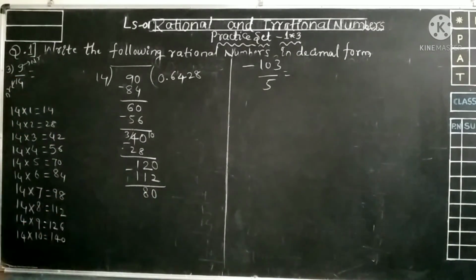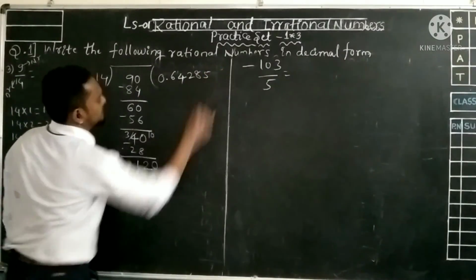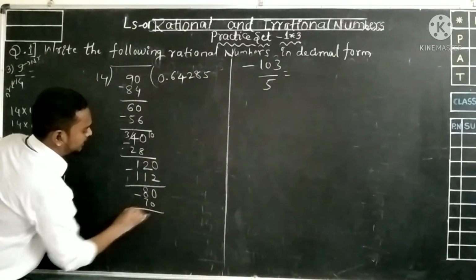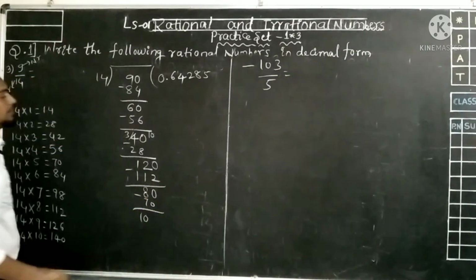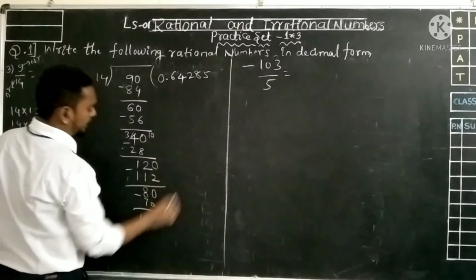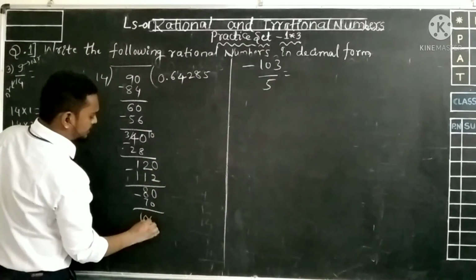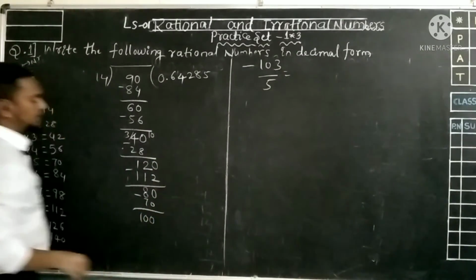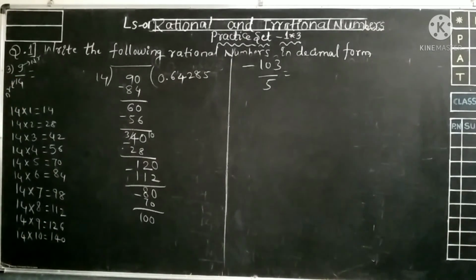It becomes 80. 80 is not in the 14th table. Now we will take 14 5s are 70. That is 10. Again we will put 0 or a decimal point.